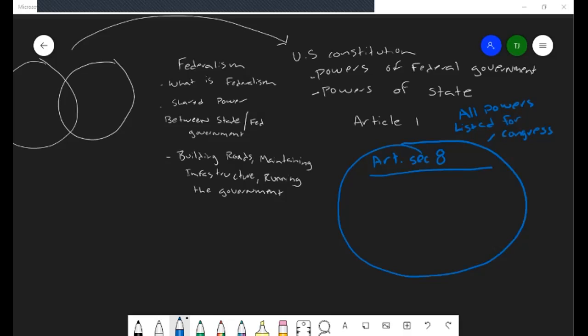We'll come back about 7:55. So try to look at Article 1, Section 8 and come up with a couple powers that Congress has, 2 to 3.